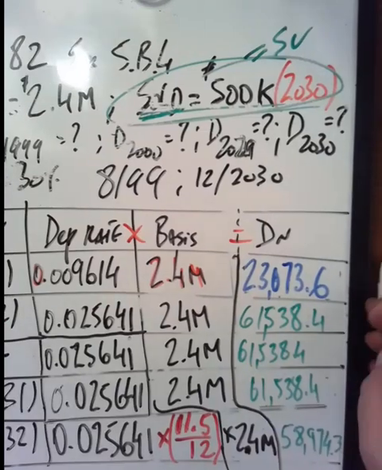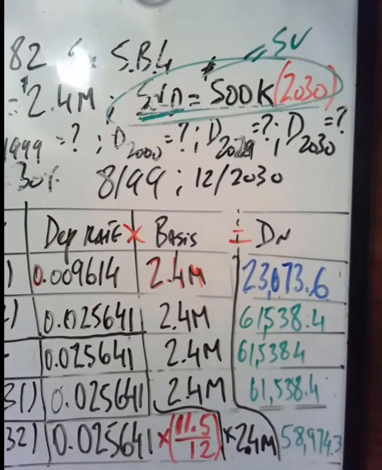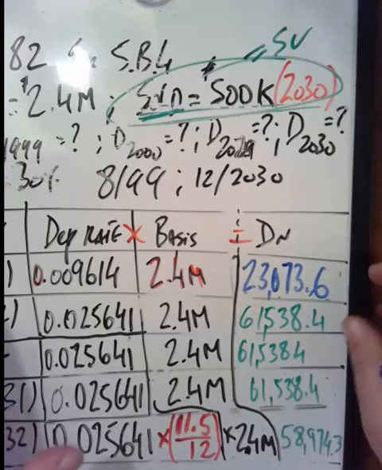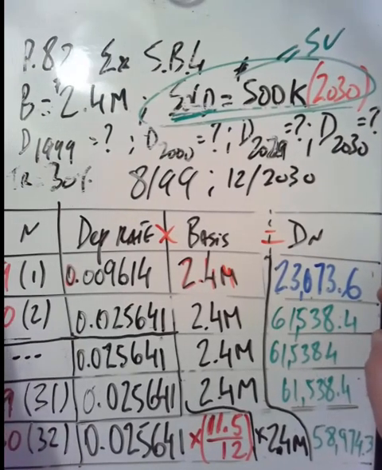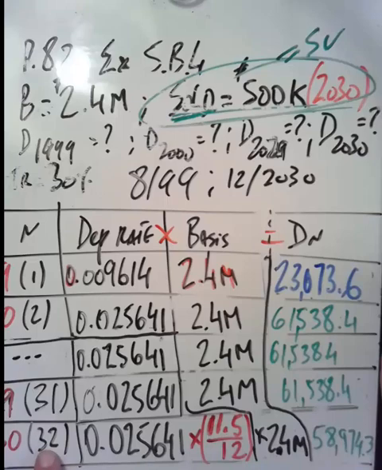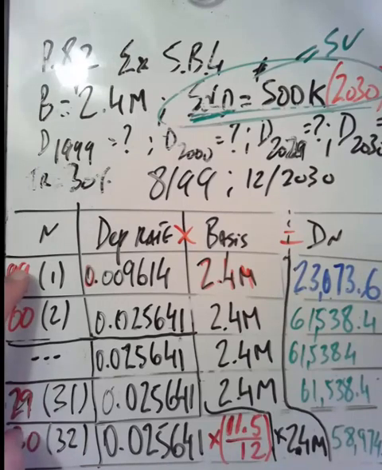Okay. So how much depreciation in total have we recorded in the books? Well, remember we kept the asset 32 years. The first year we record $23,073.6 as depreciation.